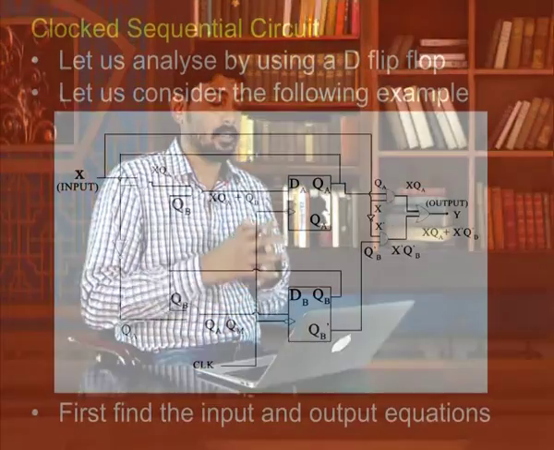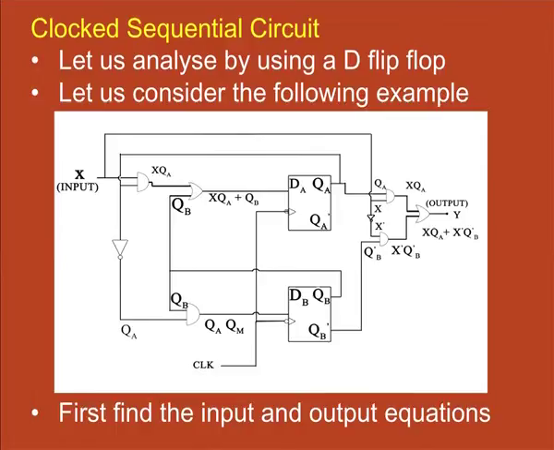Next, we will discuss the clocked sequential circuit, and for that let us analyze by using a D flip flop. Let us consider the following example where we have two D flip flops with a set of combinational circuits connected to the input and output of the two flip flops. First, find the input and output equations from the logic circuit given for the clocked sequential circuit.